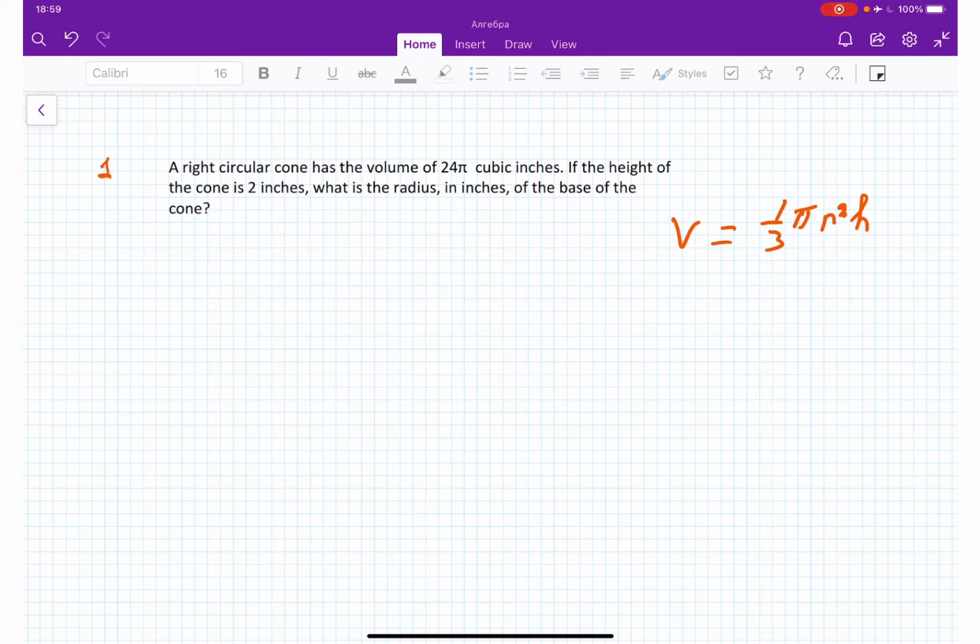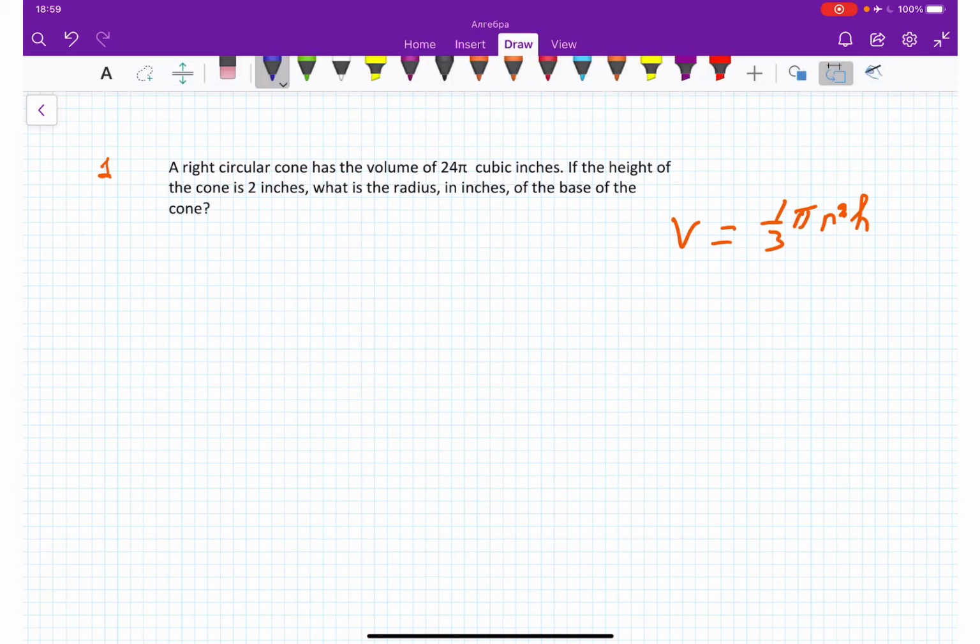So, let's write down first of all the volume of the cone is 24 pi cubic inches.